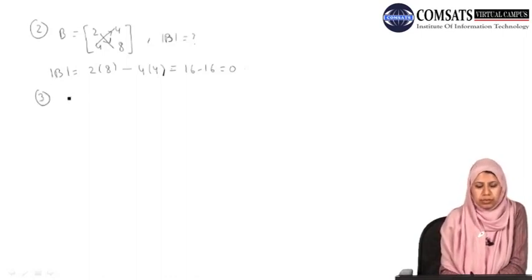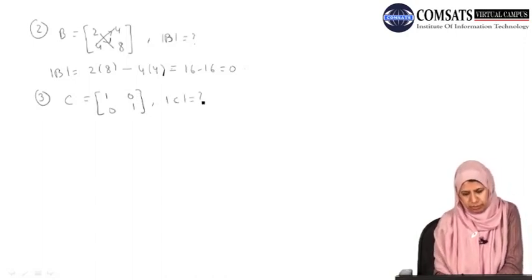One more example. We have a matrix C with entries 1, 0, 0, 1, and we are asked to find the determinant of this matrix.